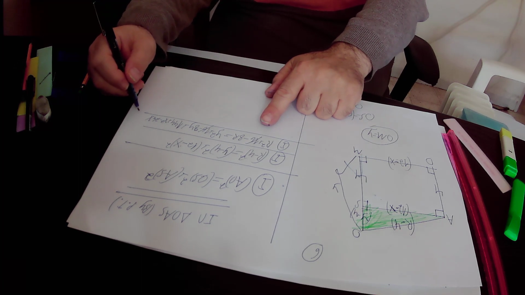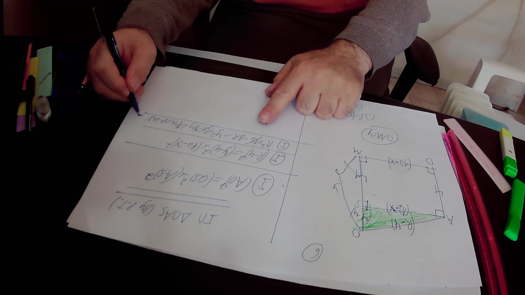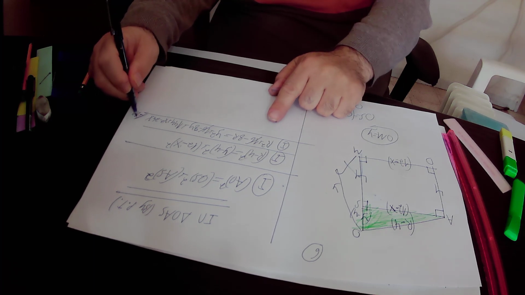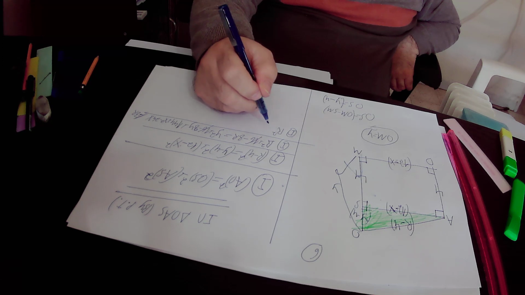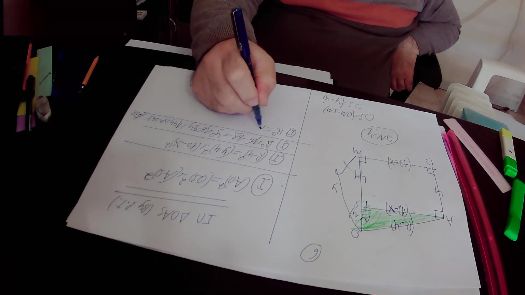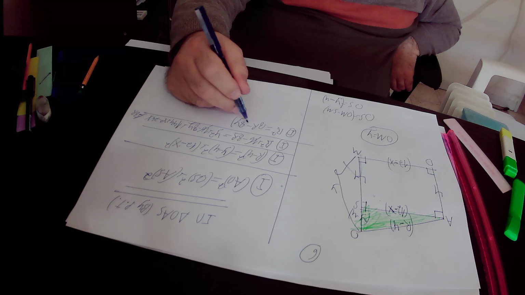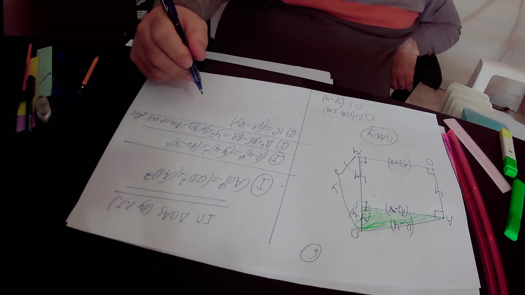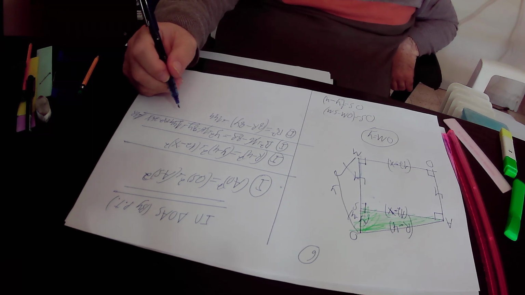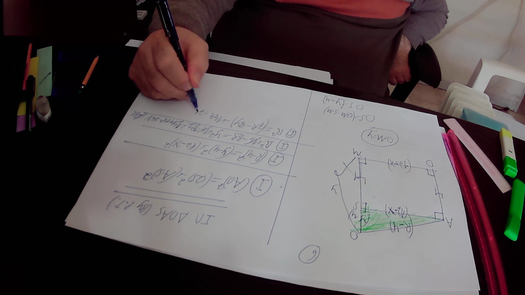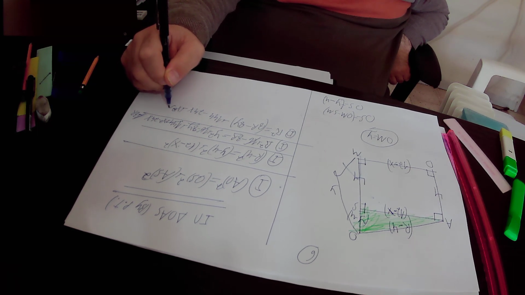We will add 8R to this equation, equation number 1, and we'll get that according to equation number 1, R squared equals 8R minus 8Y plus 144 minus 24X plus X squared plus Y squared.